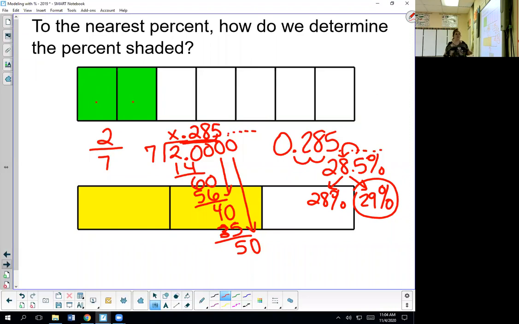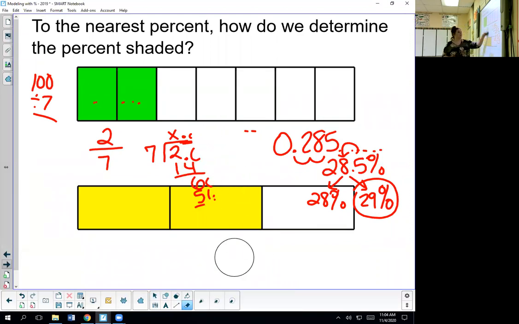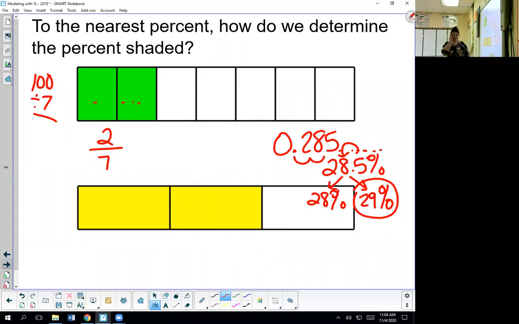Now some kids go, well, Ms. Edwards, couldn't I take 100 because it's 100 divided into 7 sections, and couldn't I get my answer there to know what each of these are worth? Absolutely. So this is not going to be exact. Why? Because this is a repeating decimal. Just like I told you about some unique things about threes, right?